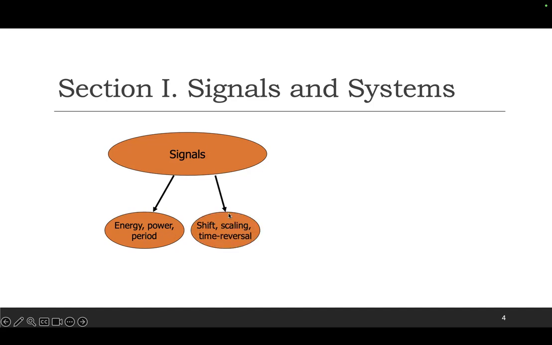And also we learned some transformations. All the signals can be shifted, scaled, or time reversed. If you know the original one, after shifting, scaling, or time reversal, how can you get the new signal? We talked about that.